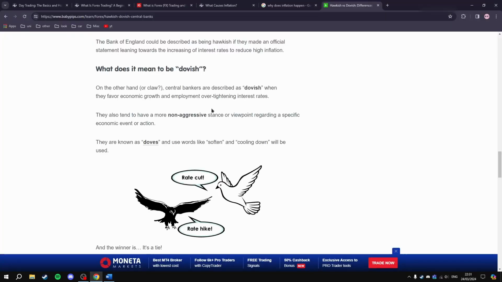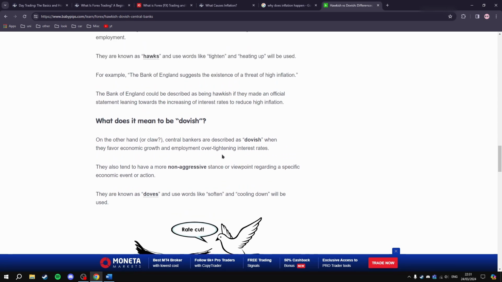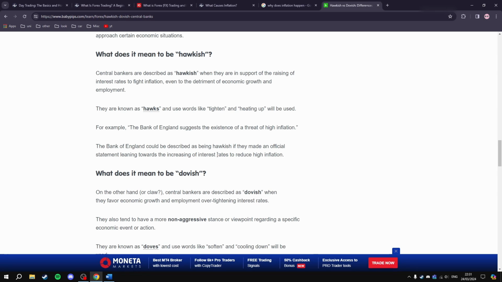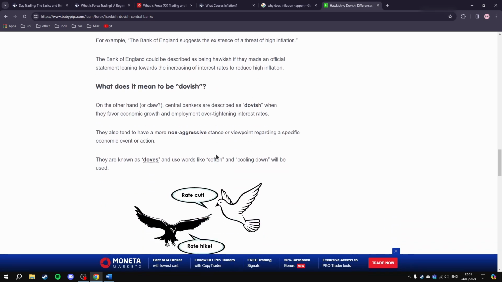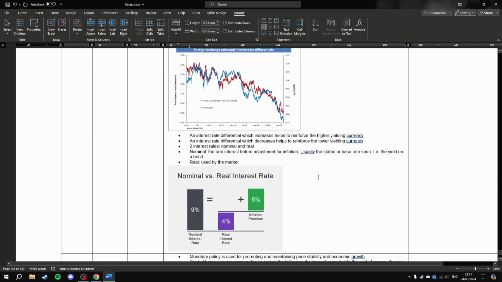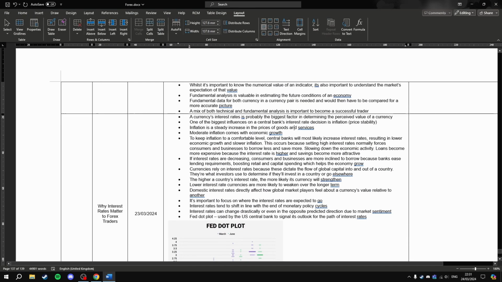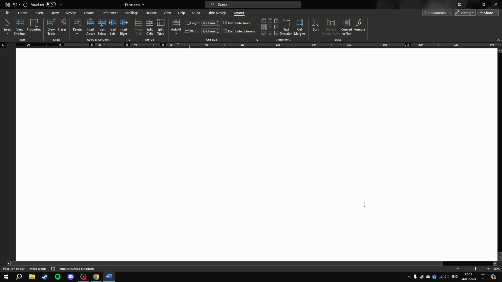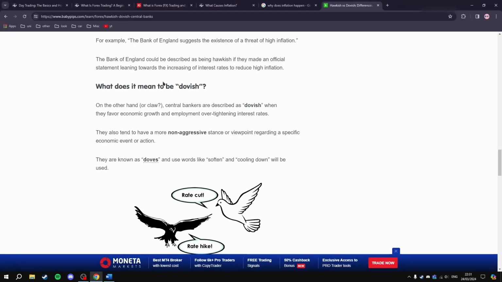Yeah, but how do the doves fight inflation though? Would they be lowering interest rates then? But isn't... Most likely increase interest rates. But that means if they're trying to help the economy grow, then they have to decrease interest rates.